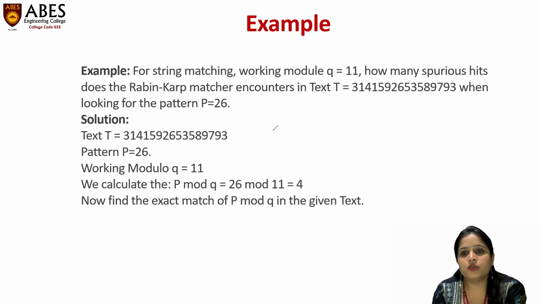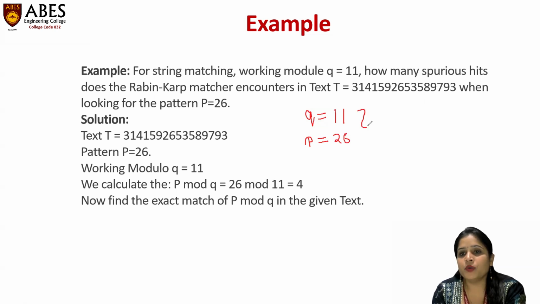Here q is a prime integer, that is 11. Generally the value of q is given, otherwise we select any random value which is a prime number. In this question: how many spurious hits does the Rabin-Karp matcher encounter? We have to find the spurious hits in the given text array, when looking for the pattern P equal to 26. So the pattern value is 26 and the random prime q is 11.